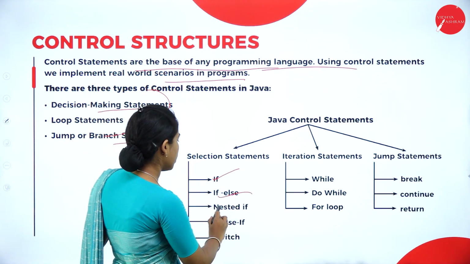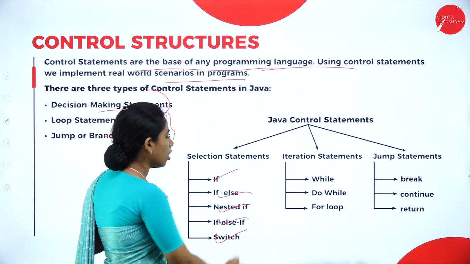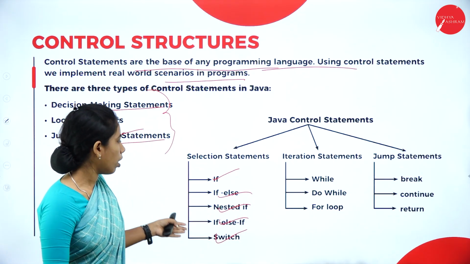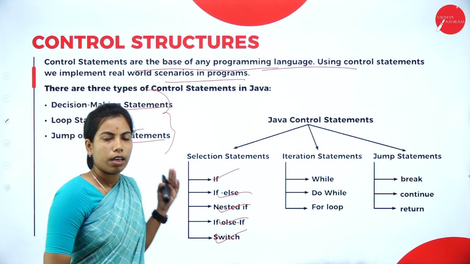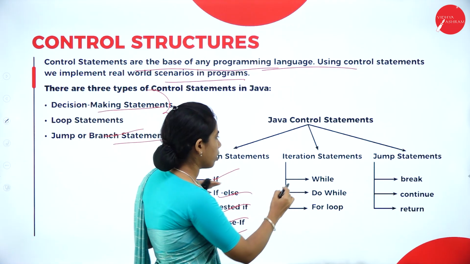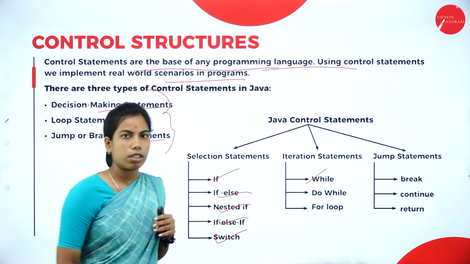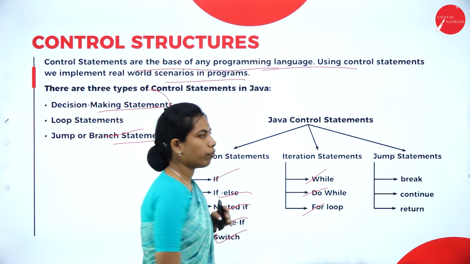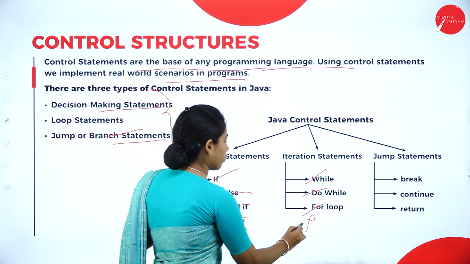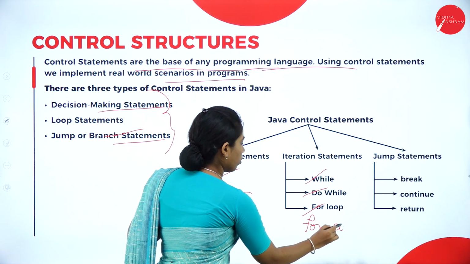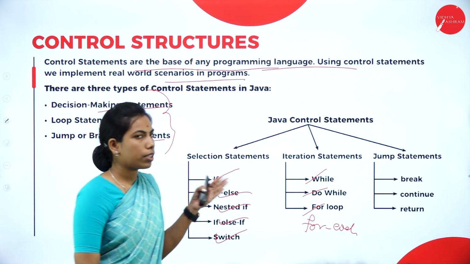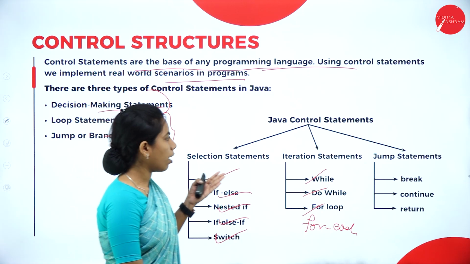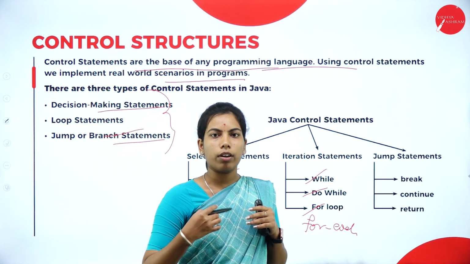So if, if else, nested if else, and also a switch statement, these are available in decision making statements. And for iteration or looping we have while, do while, for loop, and also for each, this is the advanced for loop. And for the jumping or branching statements, we have break, continue, and also return.